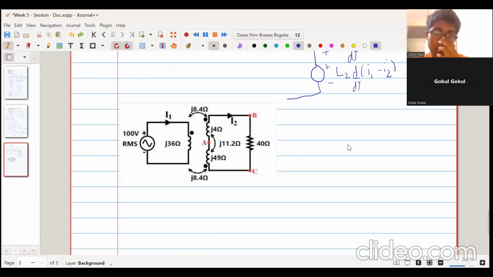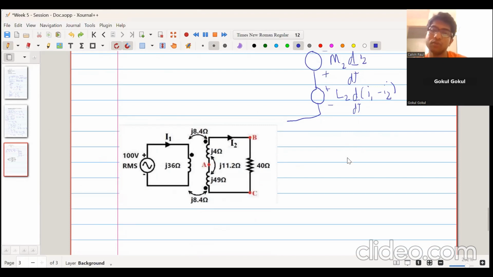Okay, there's this question. Now this concept of coupling, the mutual inductance, will be very important. So that we have to consider over here. So this is the question.